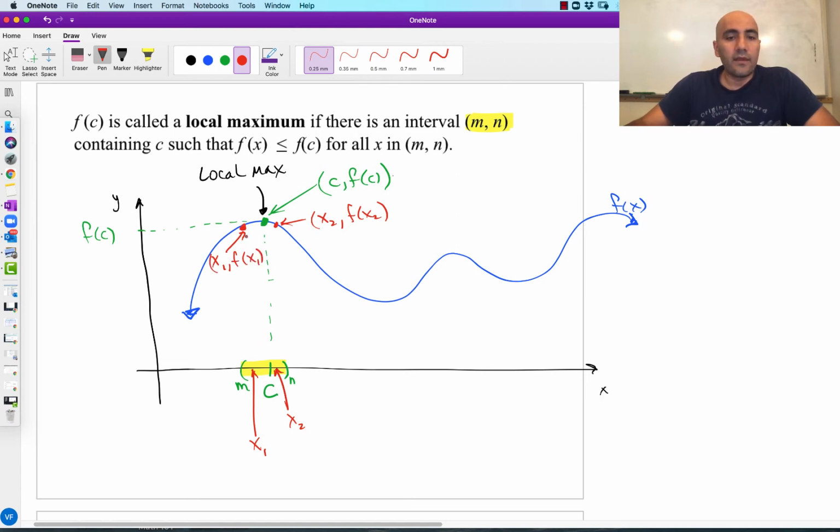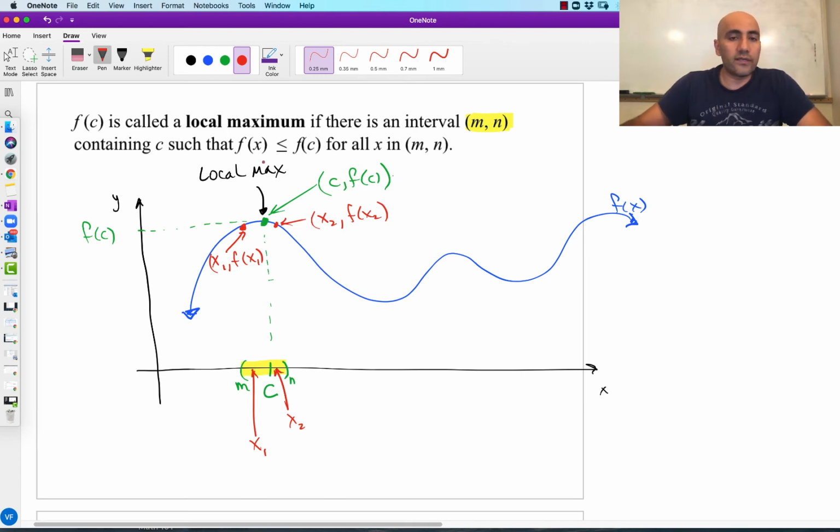At any rate, any other point you choose in that little highlighted region, f of x will be less than or equal to f of c, because c is the king of the hill, or at least matches for being king of the hill for that little neighborhood. Okay, so that's the formal definition of what it means to have a local maximum.